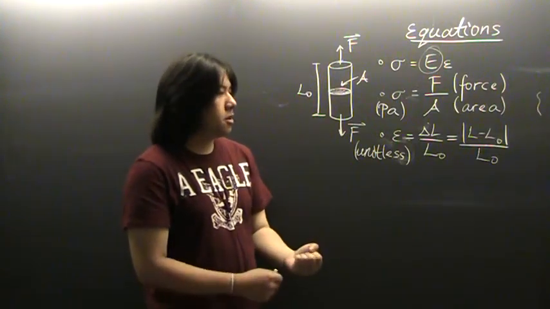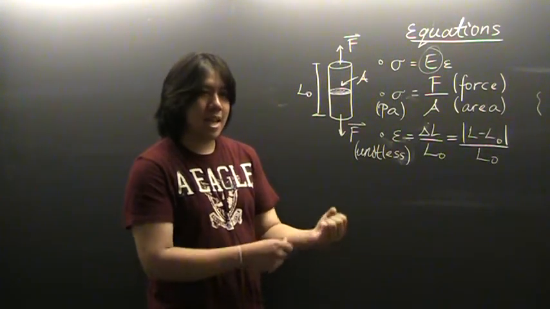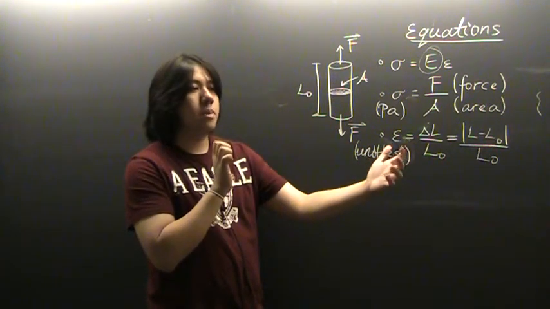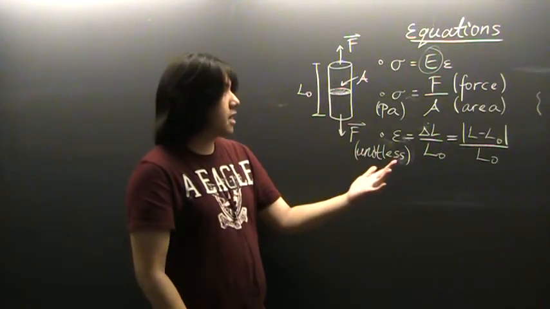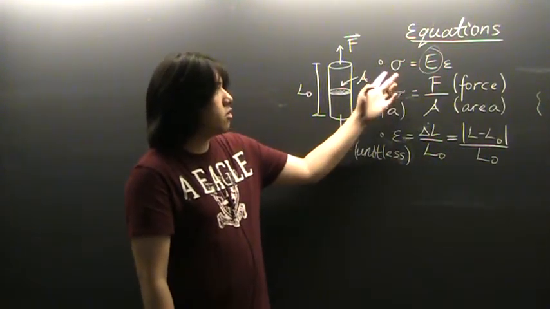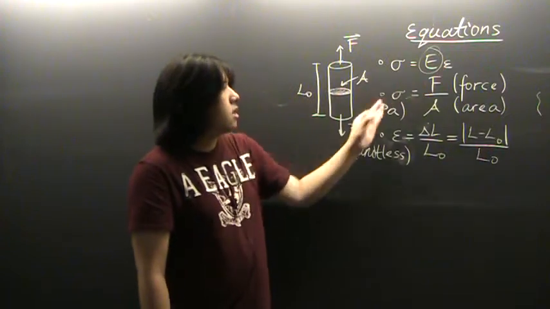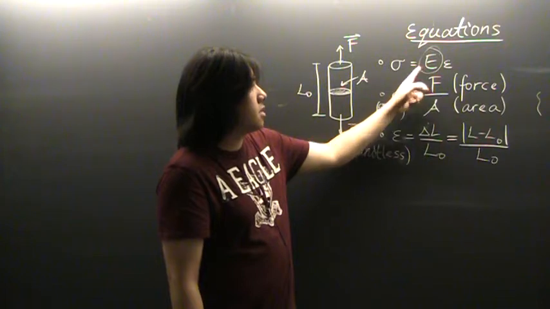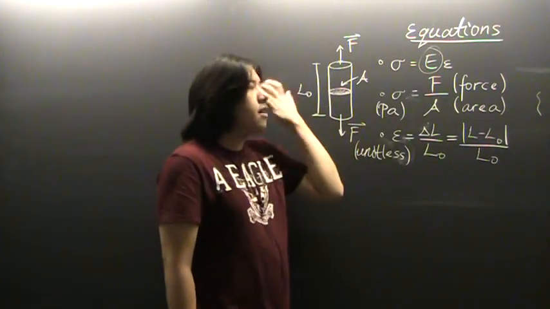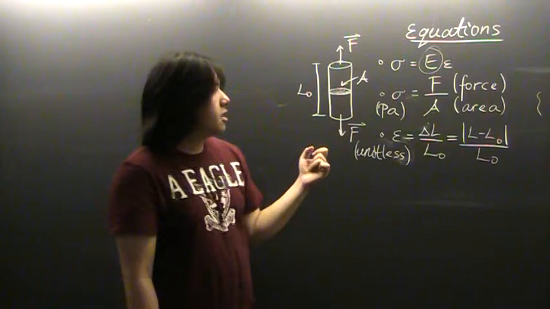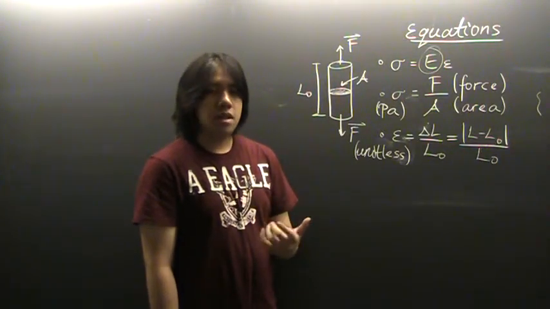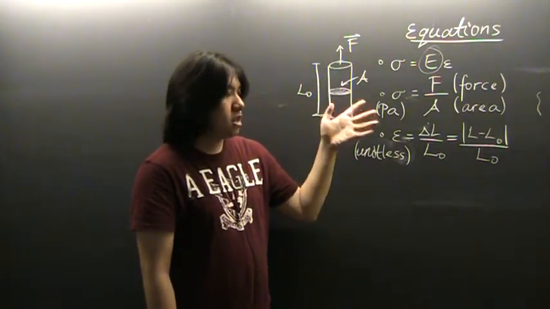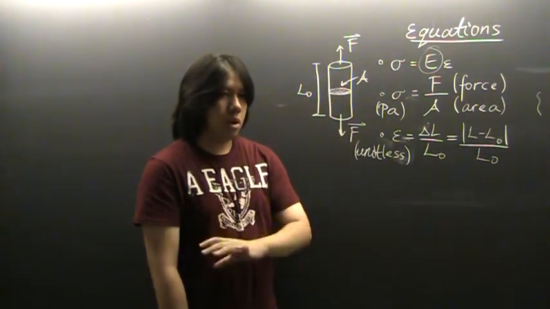Also, if you are deforming this thing elastically, meaning once you apply your stress and you release, the material will go back to its original length, you can use this equation to relate stress and strain. This says that stress is equal to strain times some constant, denoted here as E. This is called Young's modulus, and it's an intensive property, which means that no matter what the geometry of your sample is, the Young's modulus for a certain type of material will always be the same.